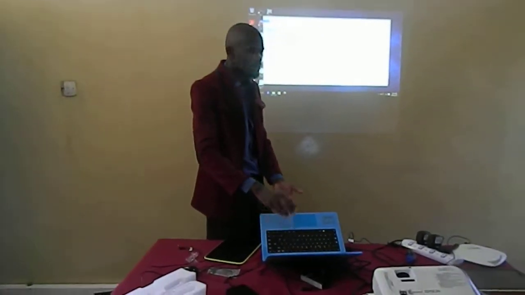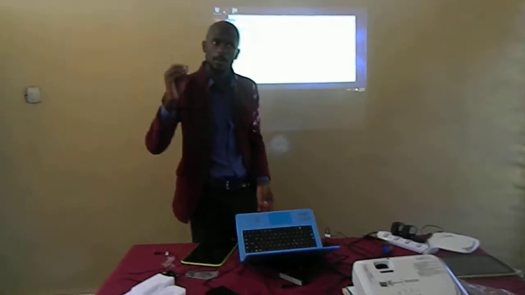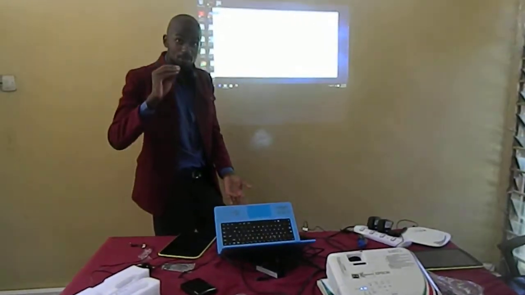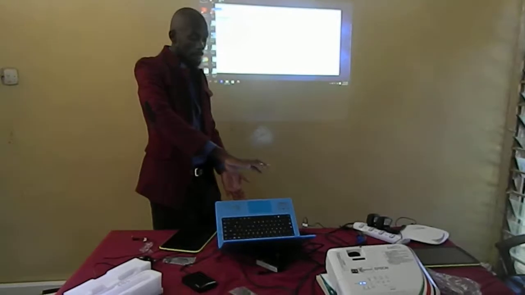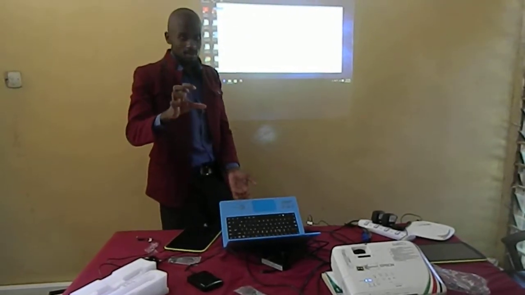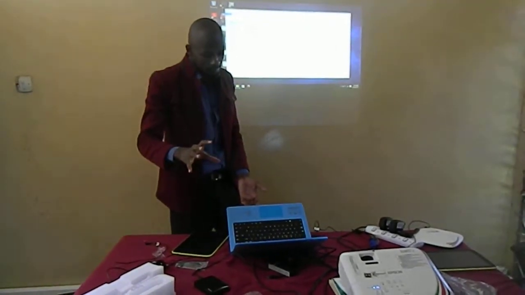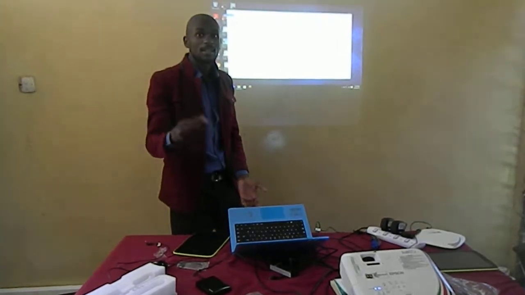Now there's another thing. Maybe you want to close this window, or you want to minimize or maximize it. There is what is called minimizing, maximizing and closing. So I'm just going to give you the basics of ICT that you will need, okay?